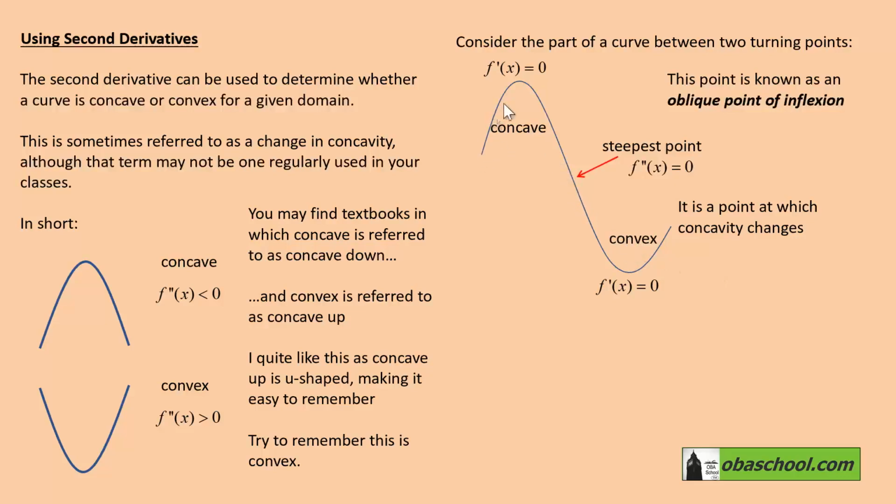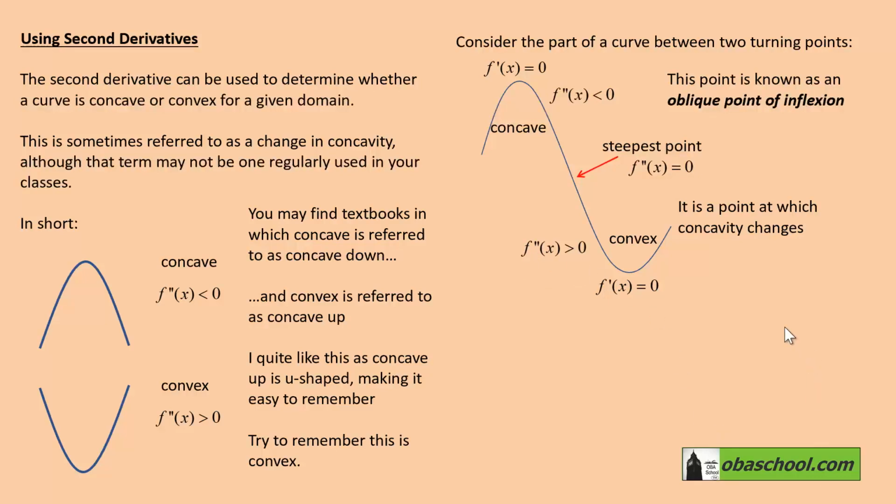And it changes the concavity at this point here, going from N shape to U shape. So up here on the curve, the second derivative is negative, and down here, the second derivative is positive.